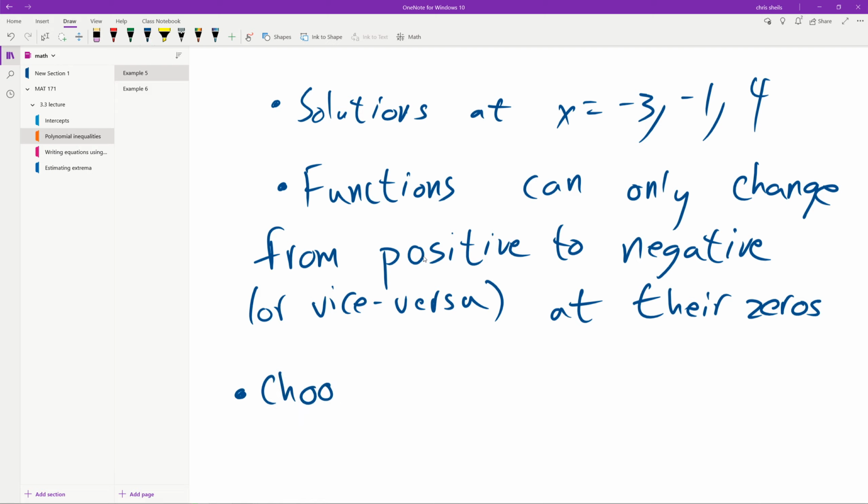Then I'm going to choose a test value in each interval, and evaluate the function at each test value, to determine if the function is positive or negative in that interval.